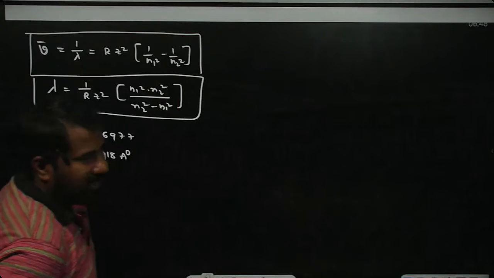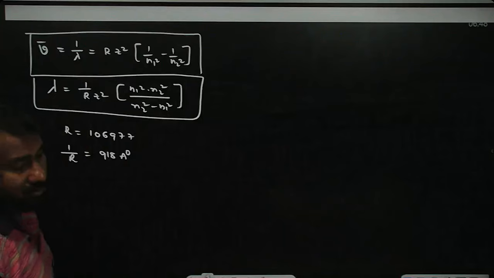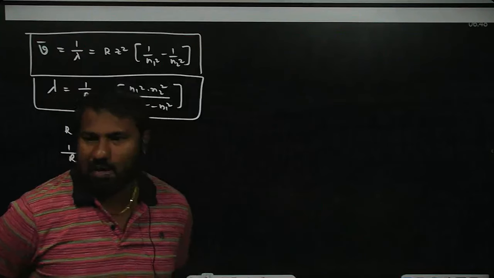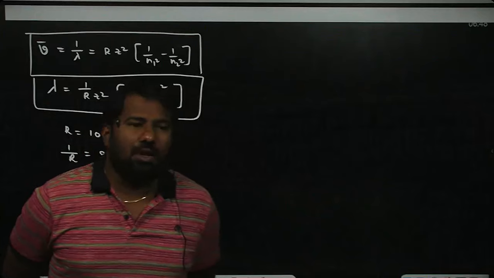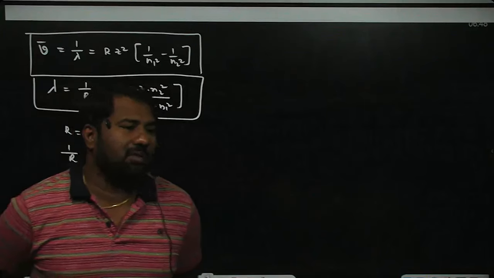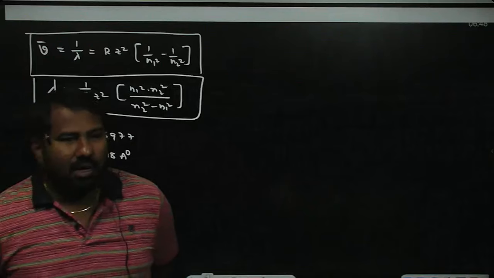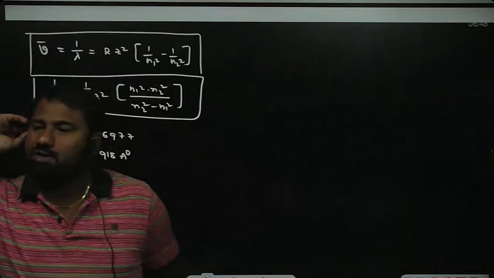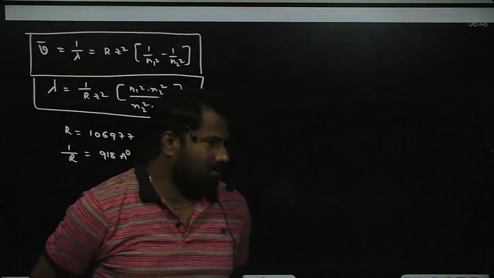The first one is he used one formula, mvr equal to nh by 2 pi. The angular momentum is nh by 2 pi. Why we get mvr equal to nh by 2 pi, he did not explain. That is the first thing. It is only applicable for hydrogen-like atoms, meaning atoms which contain only one electron.